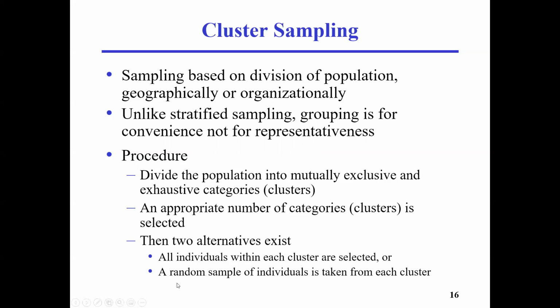Or you can use a simple random sampling method again to sample some individuals from cluster A and cluster B, which means that I have clusters A and B, but I'm not going to use all individuals in them, right? So two alternatives exist: all individuals within picked clusters or some of them.